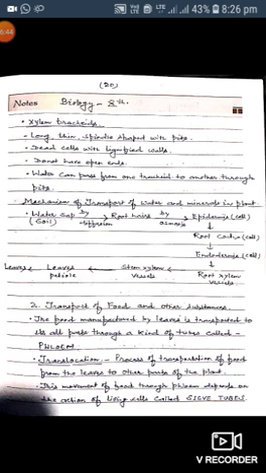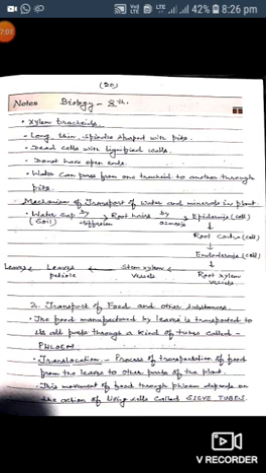Now, the transport of food and other substances. As we have already discussed, food is manufactured in the leaves by the process of photosynthesis, and the food is stored in the leaves in the form of starch.